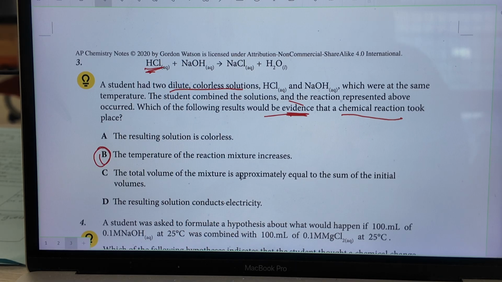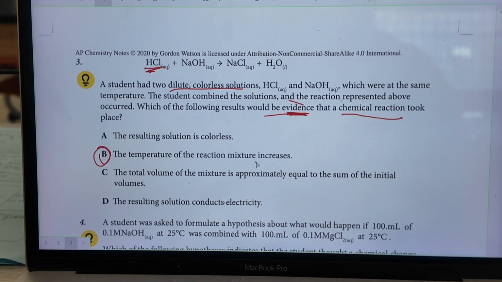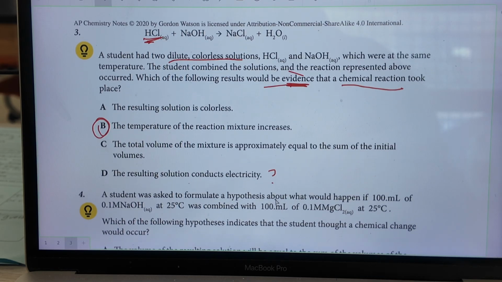If the volume is the same, there's no reaction. That means nothing was either added or taken away. And then D, the resulting solution conducts electricity. There's honestly no way for us to know if it conducts electricity. So we don't even know if it can. This is a big question mark. We don't know. Right? Next question.